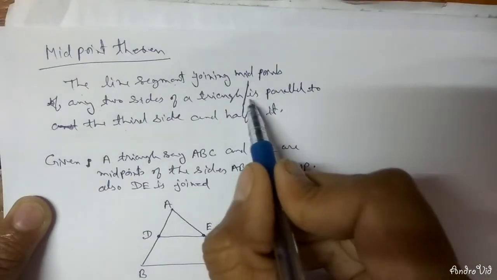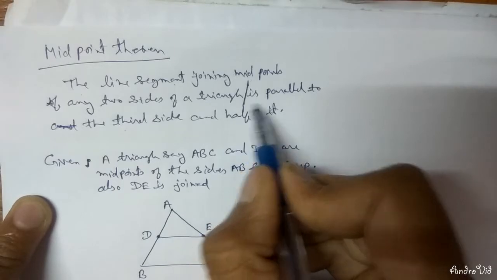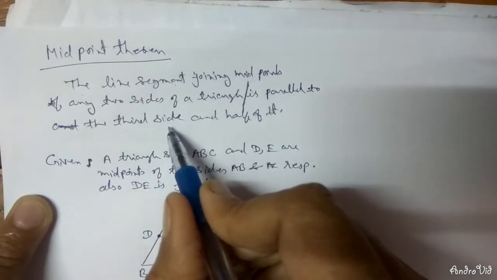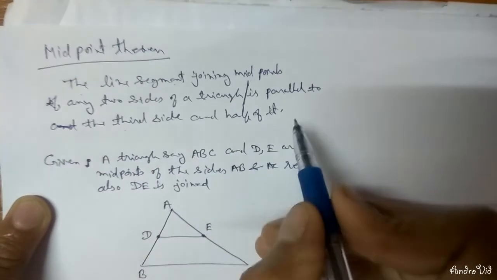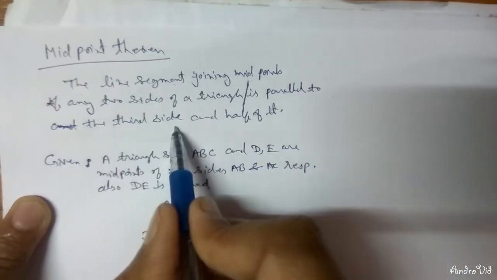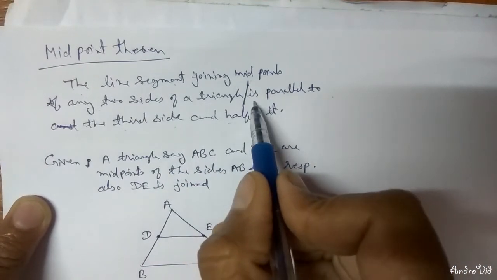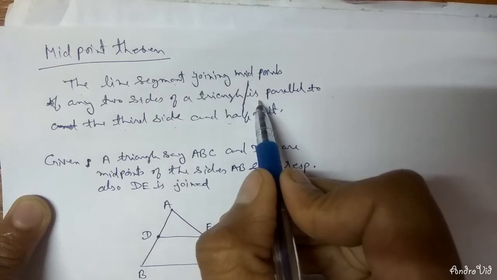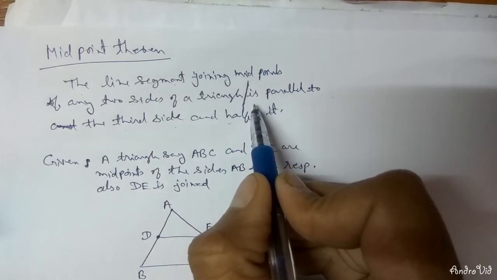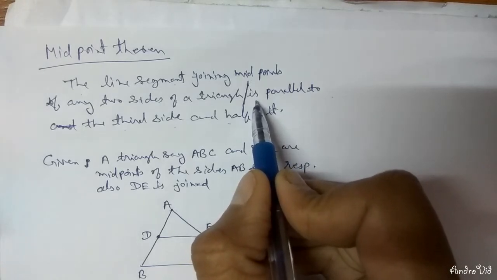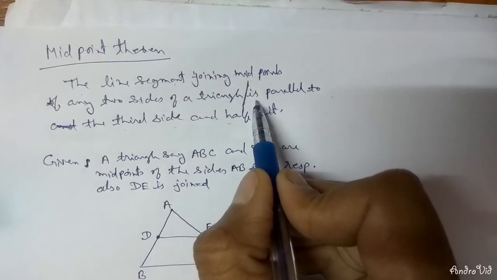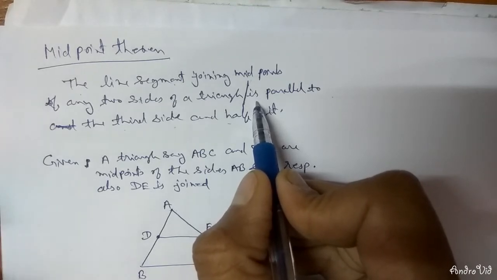Now portion of the statement after this line is treated as to prove. So is parallel to the third side and half of it. Is means that line segment is referred here for that line segment which joins the midpoint of any two sides.